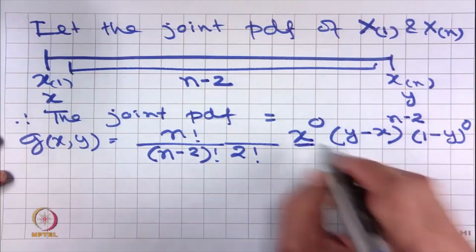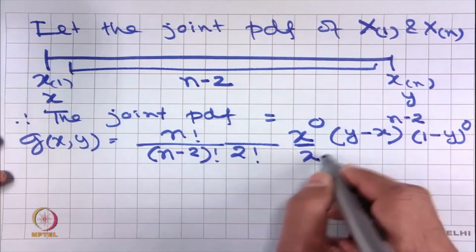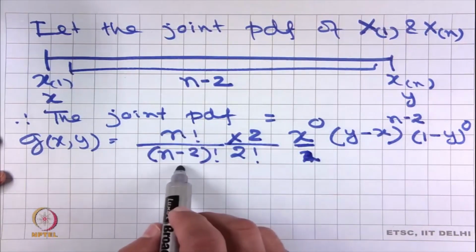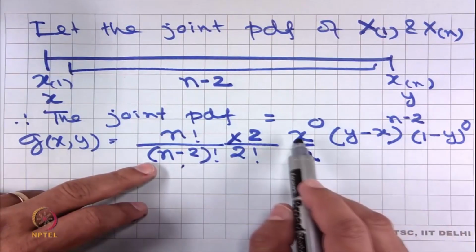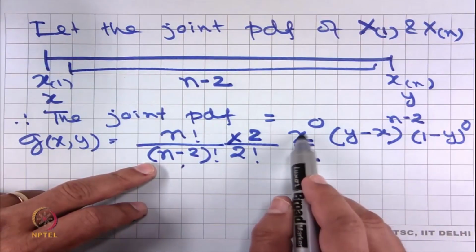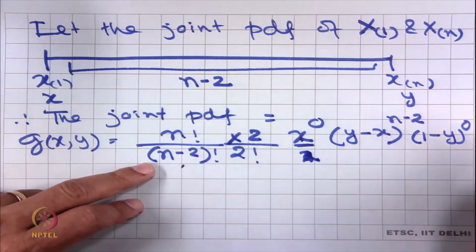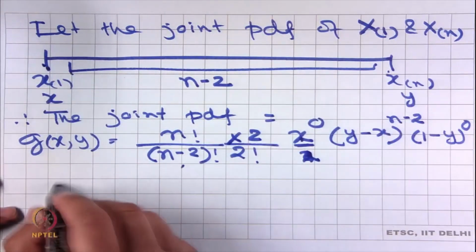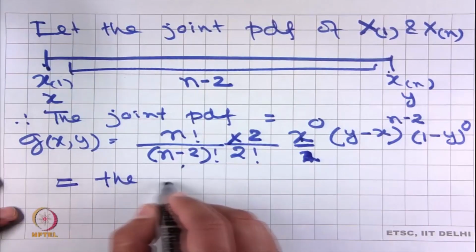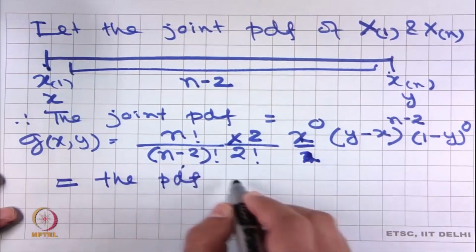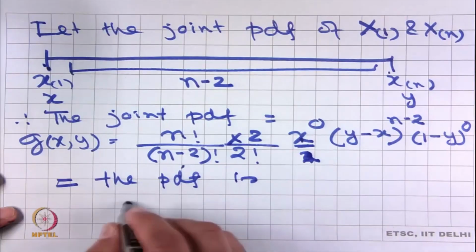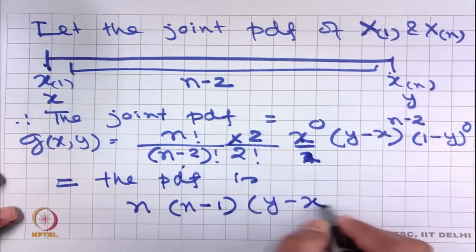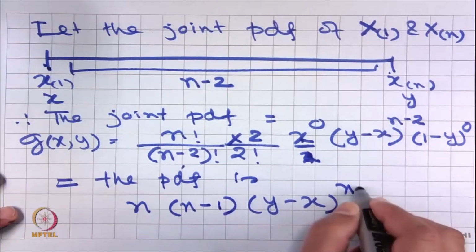But this I can choose in two possible ways, so that will be multiplied by 2. Out of n we have chosen n minus 2. Now, from the remaining 2 I can choose in two possible ways, one which will remain at x and one which will remain at y. Therefore, the PDF is n into (n minus 1) into (y minus x) to the power n minus 2.